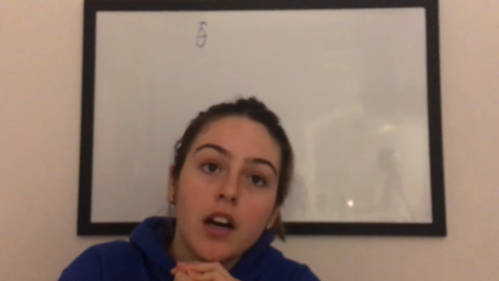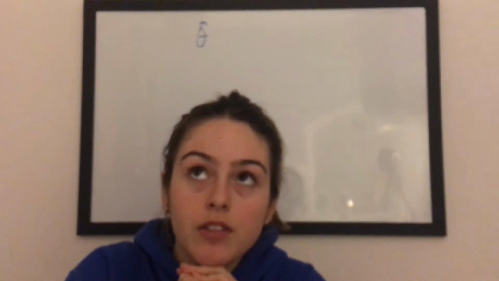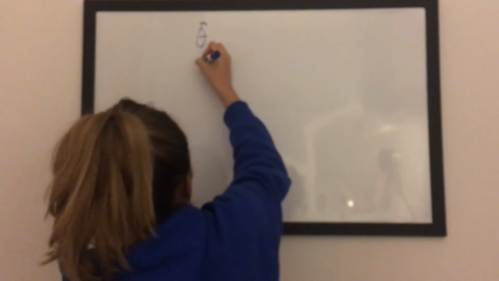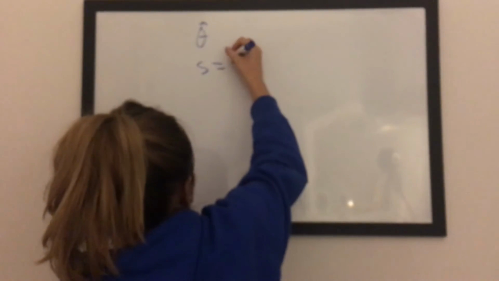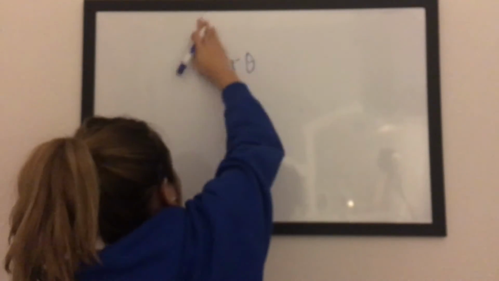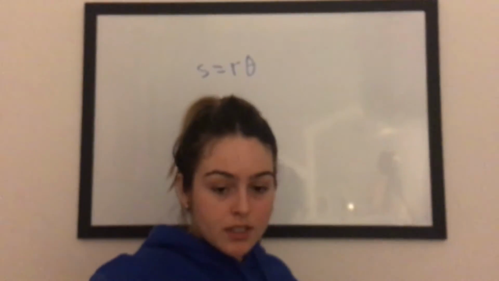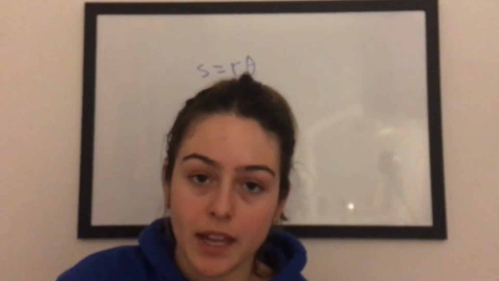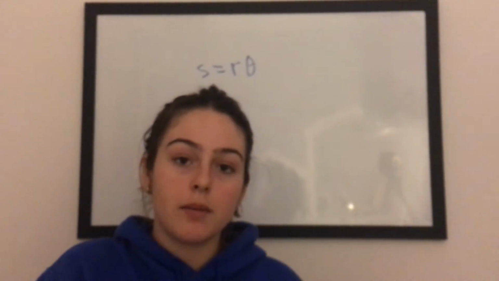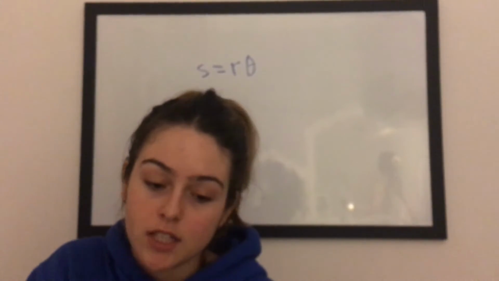So a common formula used when referring to angular displacement is s is equal to r, which is radius or distance, times angular displacement. So next I'm going to talk about angular velocity.